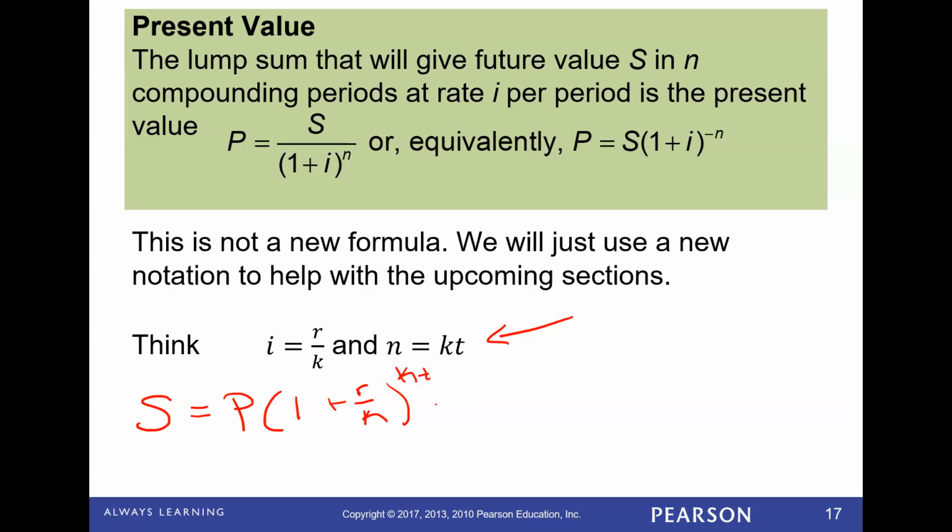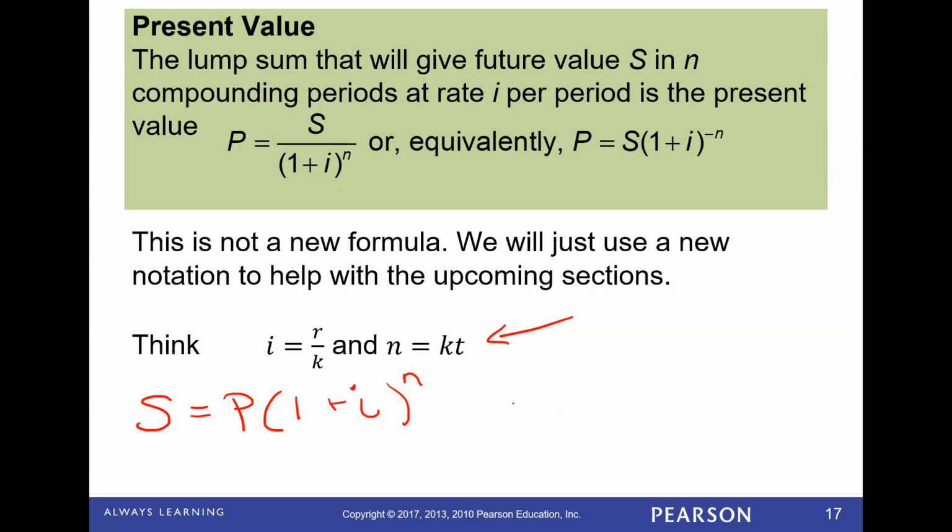I'm going to erase R over K and K times T, and replace those with I, which is R over K, and N. And I'm going to solve this formula for P, which is multiplication. What's the opposite of multiplication? Division. So if I take S and divide it by 1 plus I to the power of N, I now have the present value given the future value.